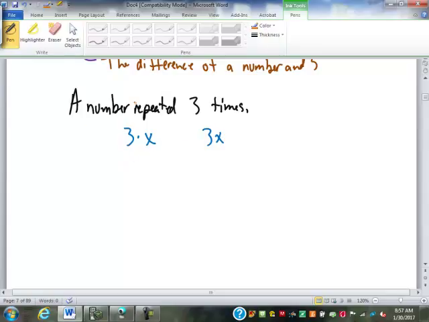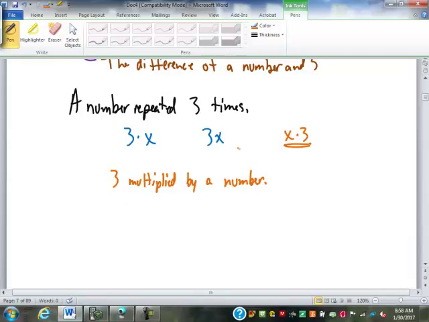Other expressions that mean 3x or 3 times x. Three multiplied by a number, or a number multiplied by 3. Remember, when we're multiplying, if I did x times 3, does it mean the same thing? Yes, it does. For multiplication, that's okay. We can switch the order.